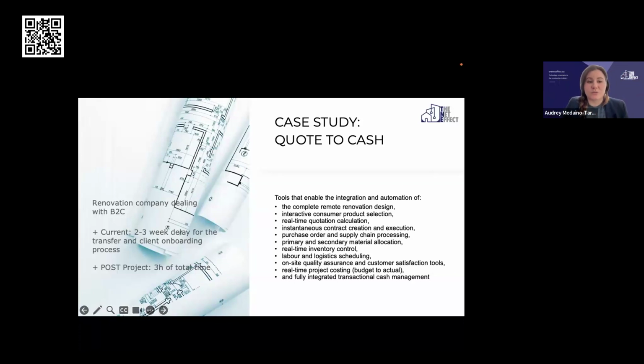And the project right now is heading towards a total time, from the initial lead demand, when the client comes in and asks for information, all the way to full onboarding and cash payment, of 3 hours. So that's huge savings, right? You're going from a 2 to 3 week process to 3 hours to complete the same tasks, just a lot faster.